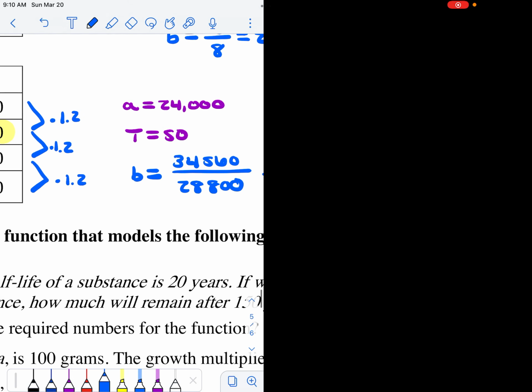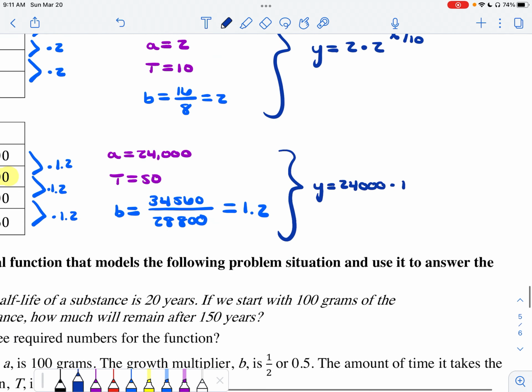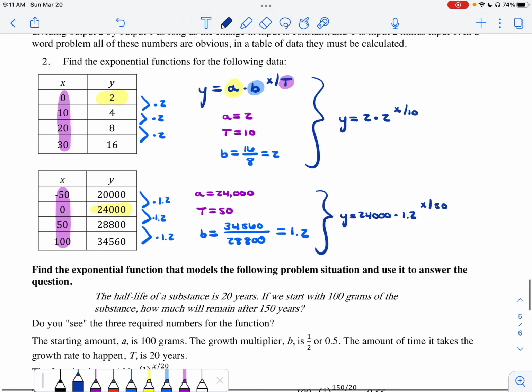Putting all of this together, we get y is equal to our starting value, 24,000, times our growth rate of 1.2 raised to the power of x over 50. Remember that 50 is just telling us how many increments you have to go in order to get that growth rate. So you have to go 50 x values in order for your y's to grow by 1.2.